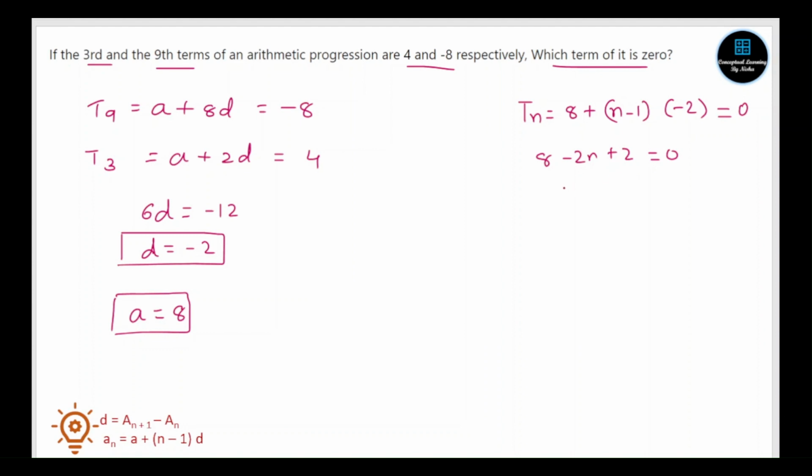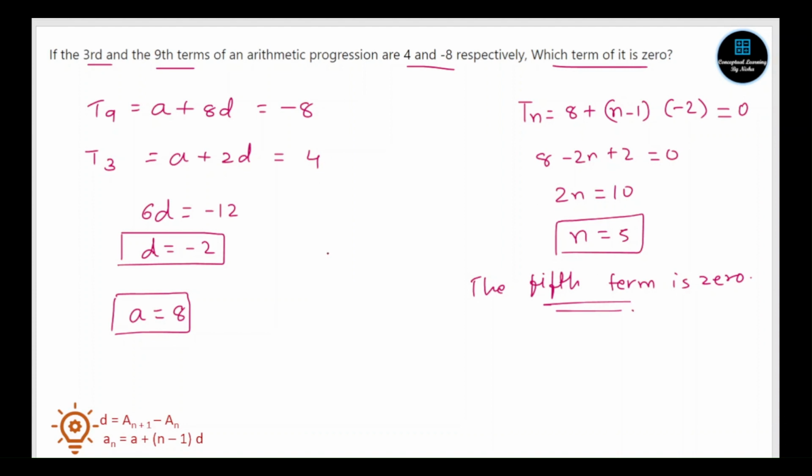On solving this, I'll get 2n equals 10, n equals 5. That means the fifth term is 0.